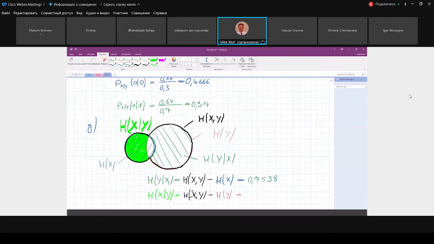Maybe you can just calculate this for me, otherwise I have to use the calculator here. What is it? Can you tell me? 0.595944.